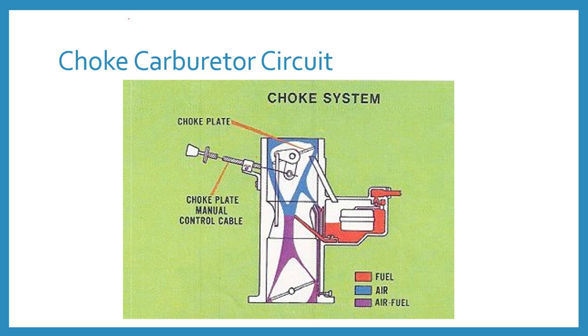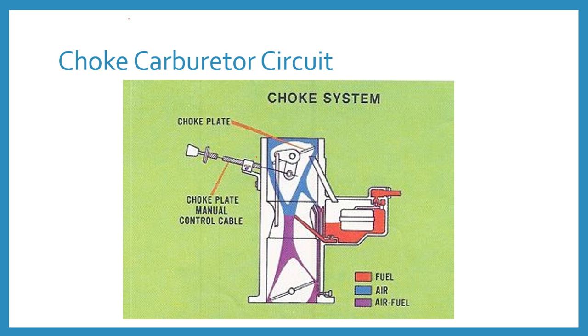In an automatically operated choke system, the choke valve is connected to a thermostatic device that senses the temperature. The device closes the choke valve when the engine is cold and opens it when the engine is warmed up.